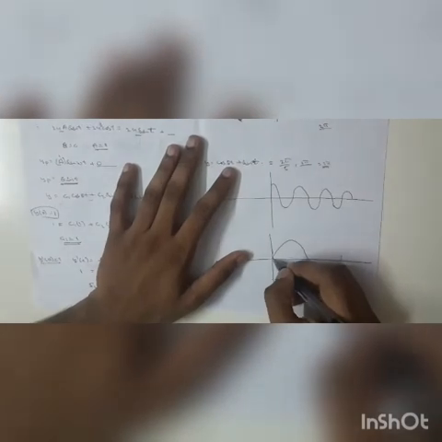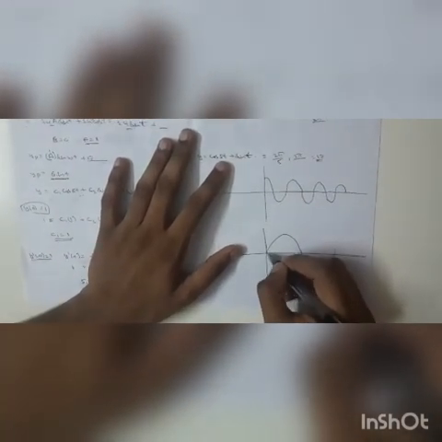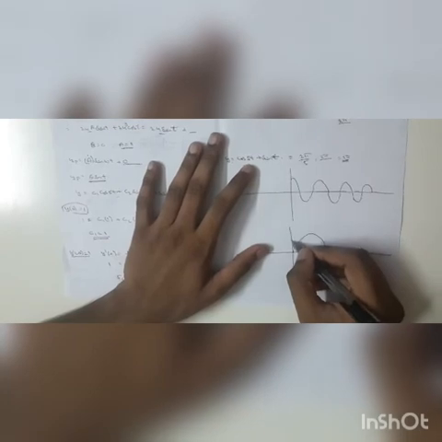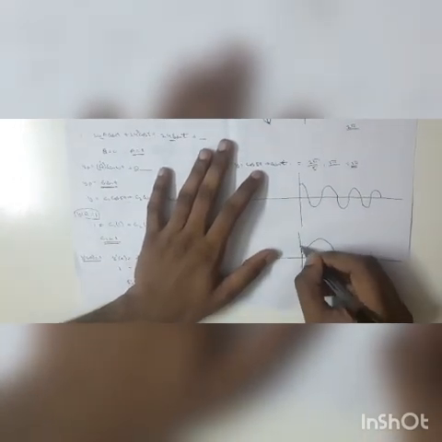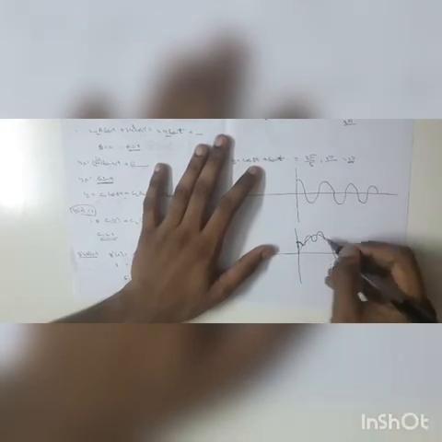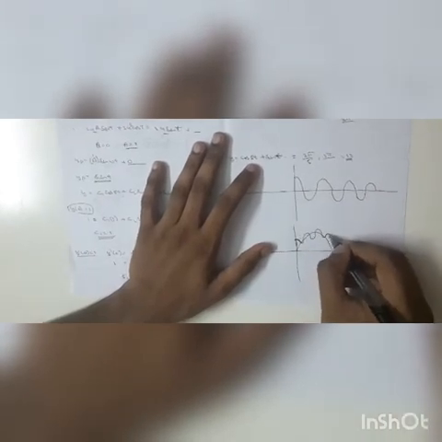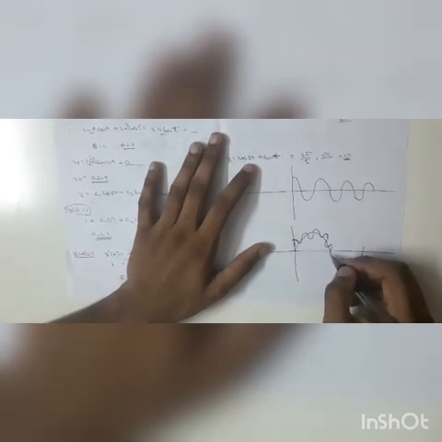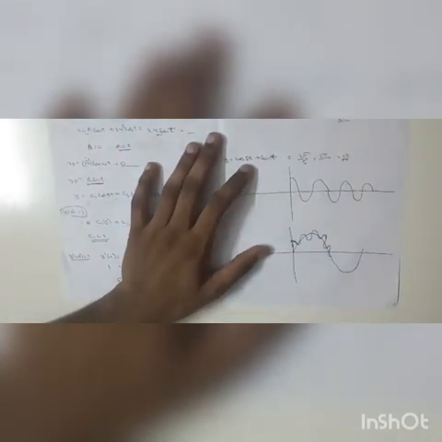So at every particular point there will be a cos 5t term adding upon it. So if it is cos 5t it will be this, and its solution will be something like this. At every point the cos 5t term will add upon the sin t term.